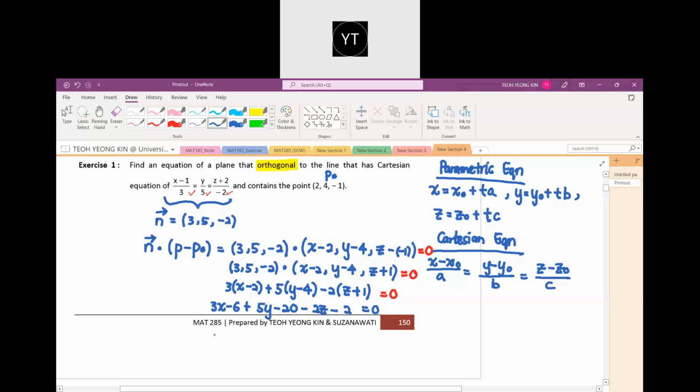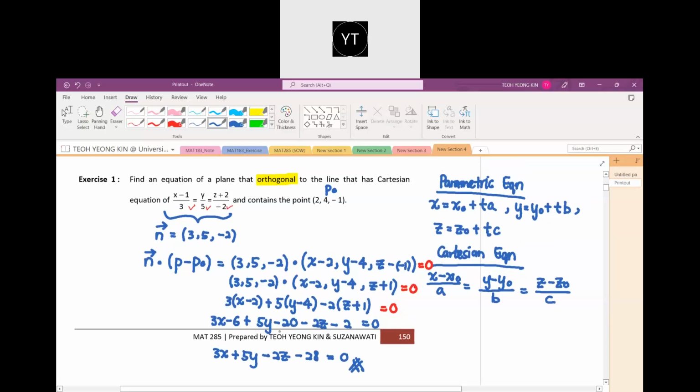We can simplify: 3x plus 5y minus 2z, and negative 6 minus 20 minus 2 is negative 28, so minus 28 equals 0. So here is our answer for exercise 1. This is the equation of the plane.